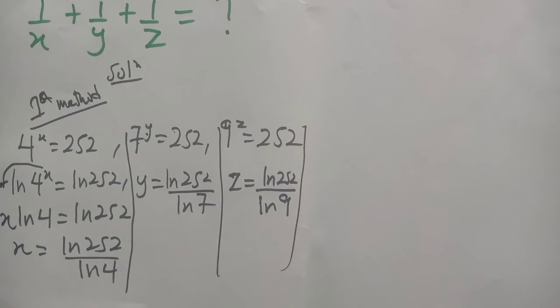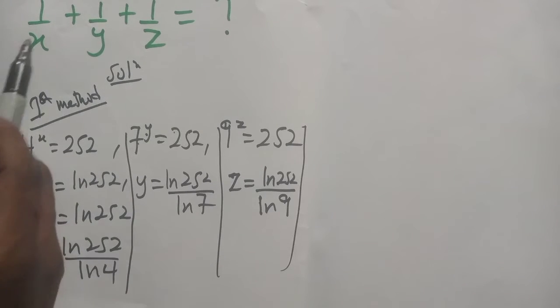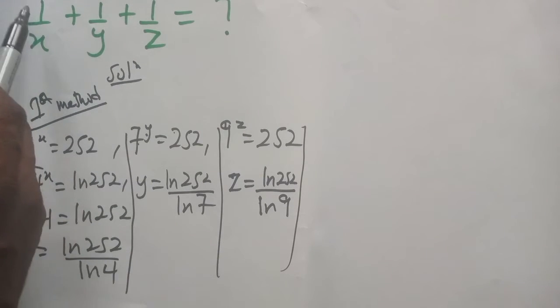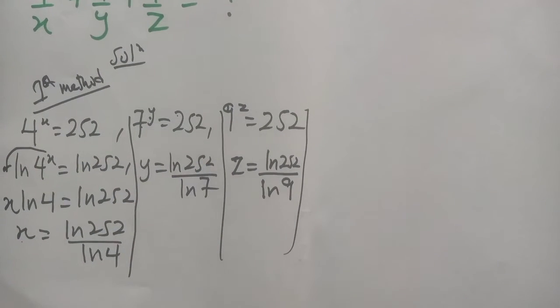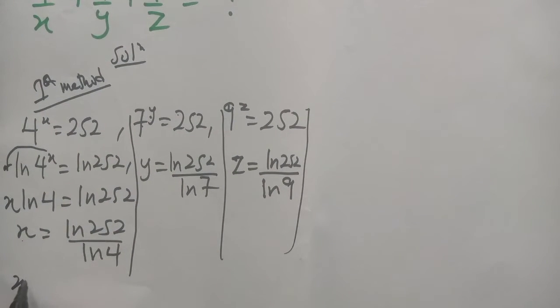Just applying this approach here, we are going to get this, right? Now in this case, since we know what x, y, and z are, the question says what is 1 over x, 1 over y, and 1 over z. If x equals that, then 1 over x is just the reciprocal, so it becomes ln 4 over ln 252.